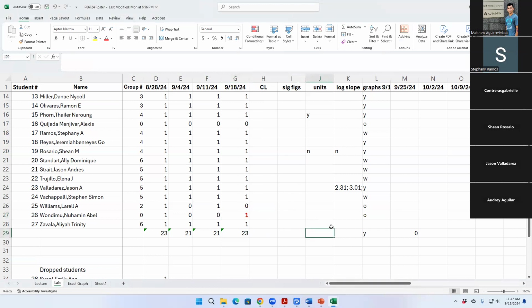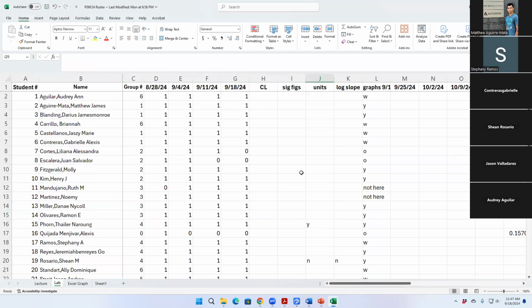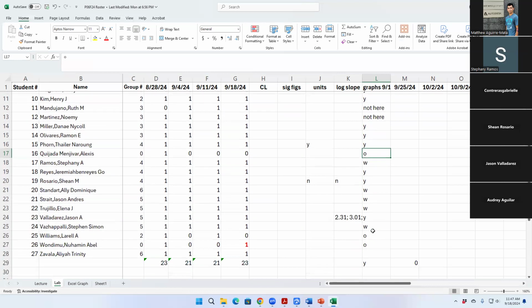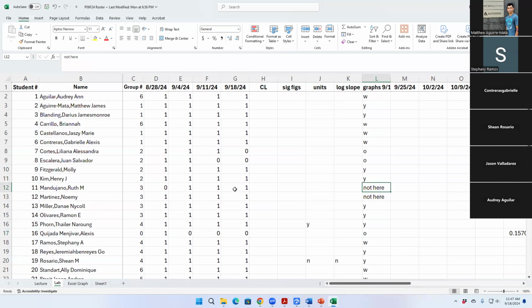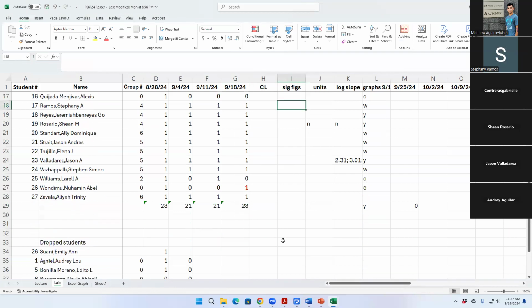Let's put like a red. Not here. Okay, and Alia. Alia finished the graphs. Working on filling out tables 3 and 4.